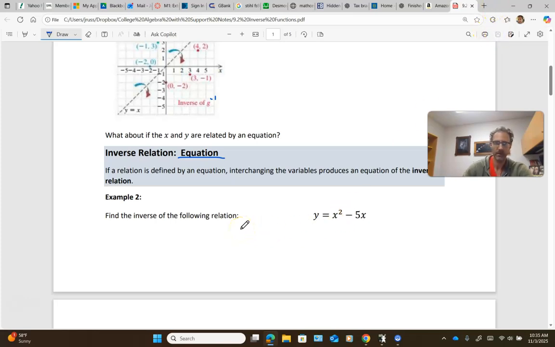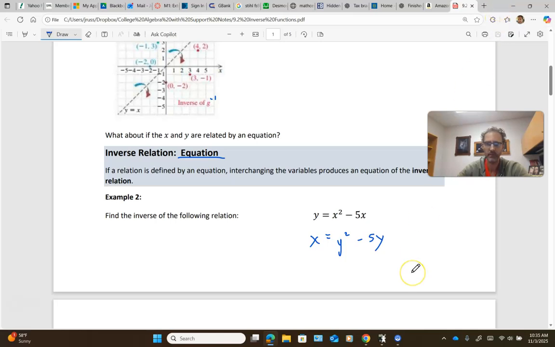So the inverse relation in equation form will be x is equal to y squared minus 5y. And that's all you have to do there. This is the inverse relation. x and y are related inversely.